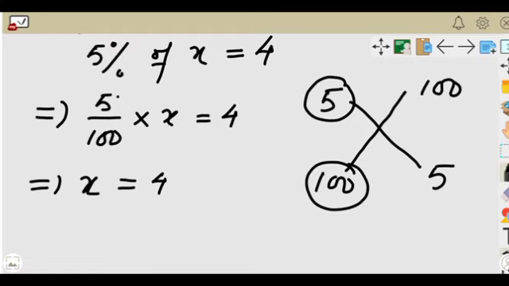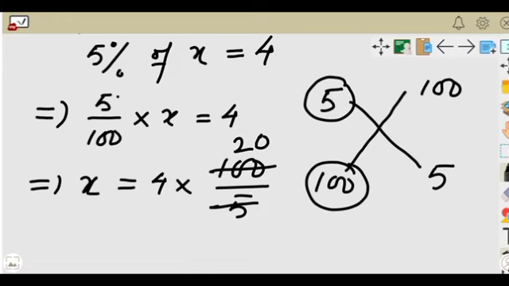So let me write here 100 divided by 5. So I can cancel now. 5 1 is 5, 5 2 are 10, and then 5 0. So we have here x is how much? 4 into 20, we have here 80.